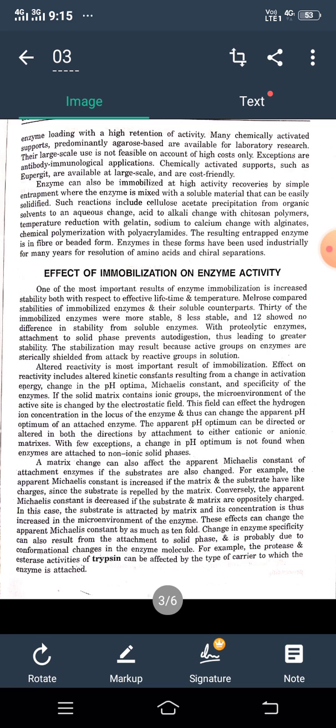Enzymes can also be immobilized at high activity recoveries by simple entrapment, where the enzyme is mixed with a soluble material that can easily be solidified.